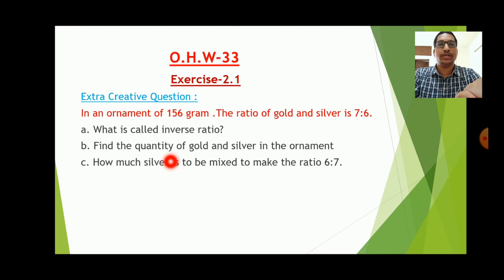Second question, find the quantity of gold and silver in the ornament. Third question, how much silver is to be mixed to make the ratio 6:7? We have already solved this, and you will do this in your SW copy and submit it on time. Our class is up to this.